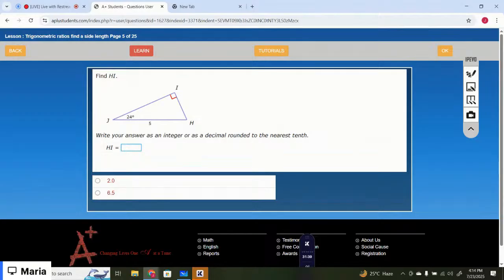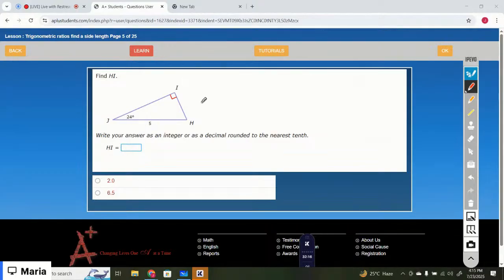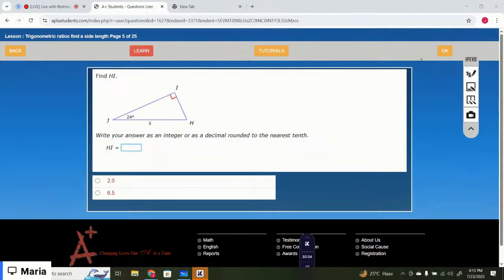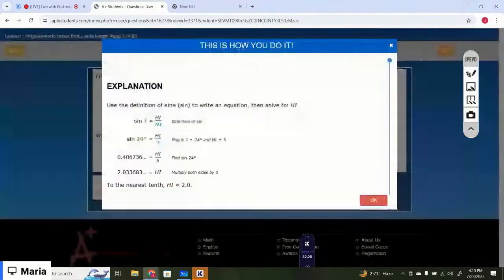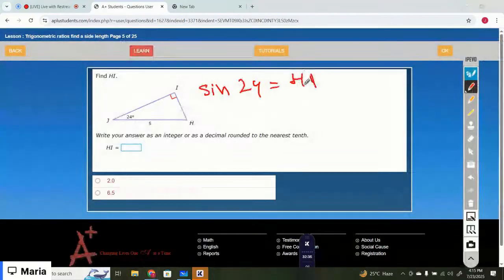Find HI. Sine 24. Yes, that is sine. Sine 24 is equal to HI divided by 5.